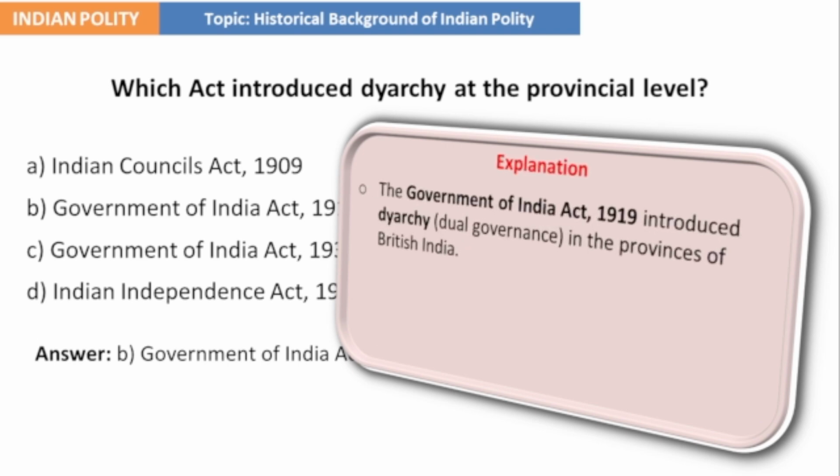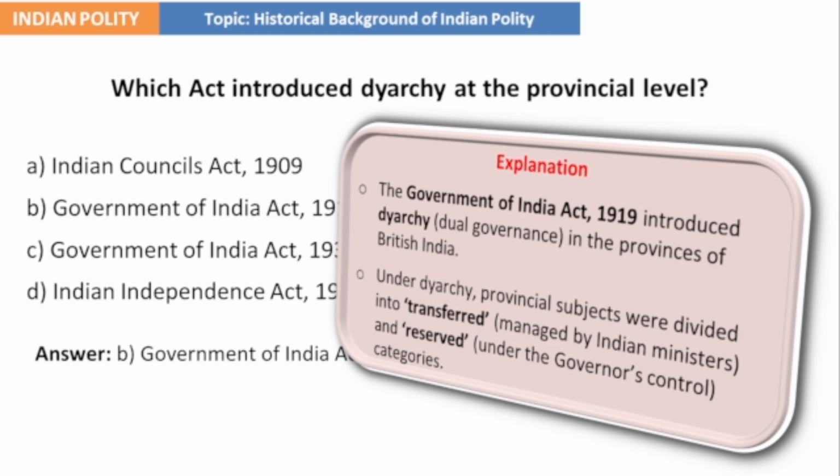The Government of India Act 1919 introduced diarchy, that is dual governance, in the provinces of British India. Under diarchy, provincial subjects were divided into transferred and reserved. Transferred subjects were maintained and managed by Indian ministers, and reserved subjects were under the control of the British governor.